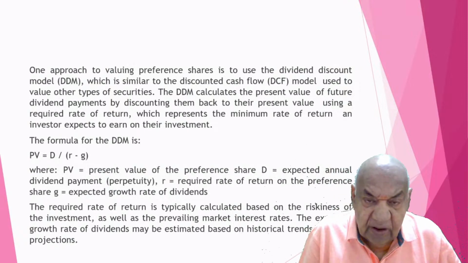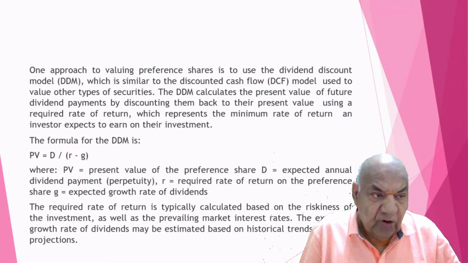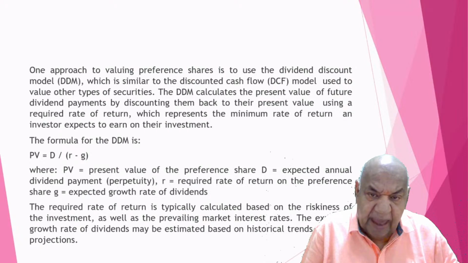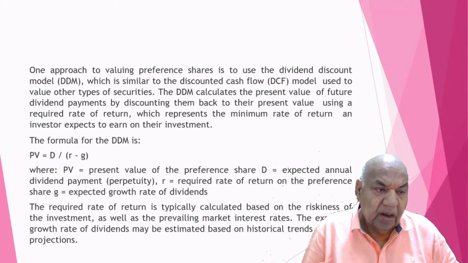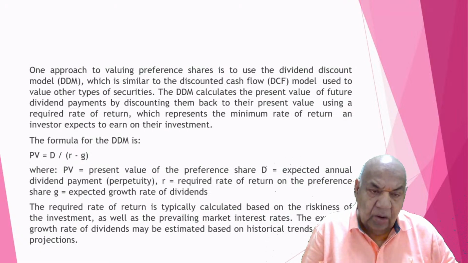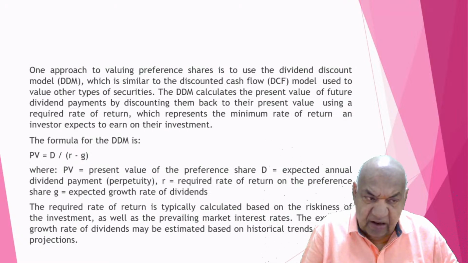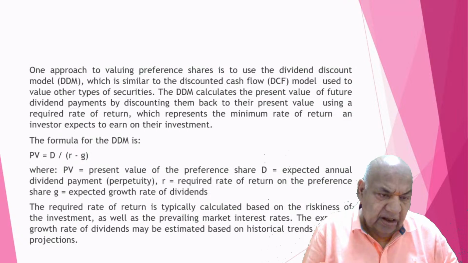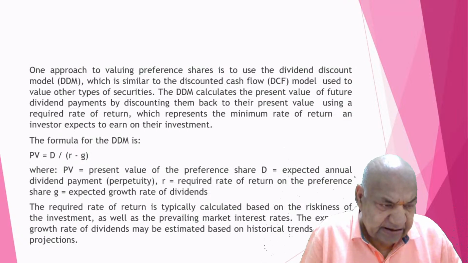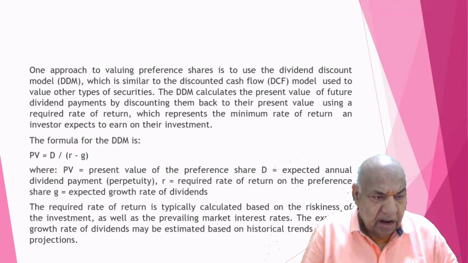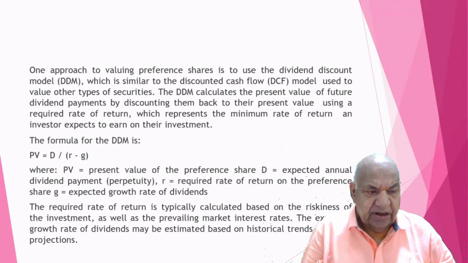The DDM calculates the present value of future dividend payments by discounting them back to their present value using a required rate of return, which represents the minimum rate of return an investor expects to earn on their investment.